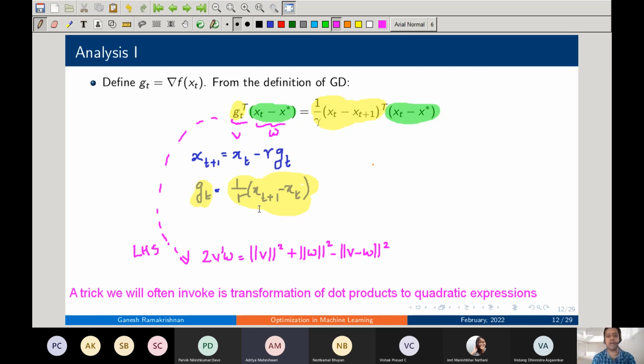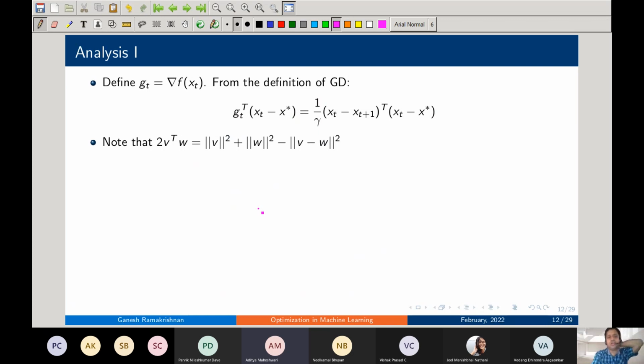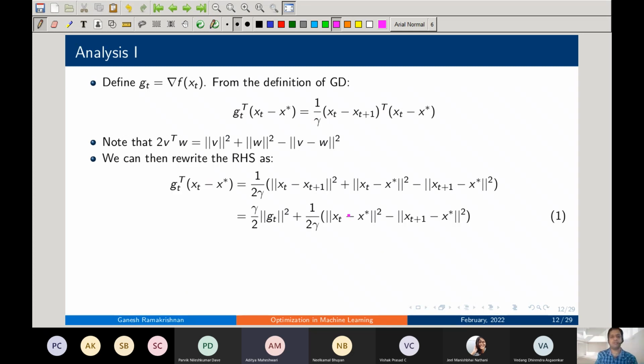And we'll see what happens to the RHS. The RHS has only W, it doesn't have g transpose directly. So this is the first step, 2V transpose W. Again, I remind you, this is V, this is W. With this expansion, we'll also do something to get the RHS into shape. Our goal is that the RHS be such that you are able to do this telescopic summing. Remember, I talked about the second algebraic trick.